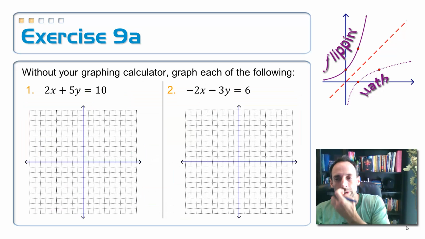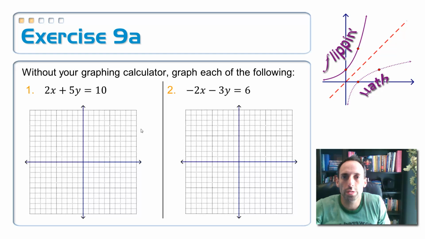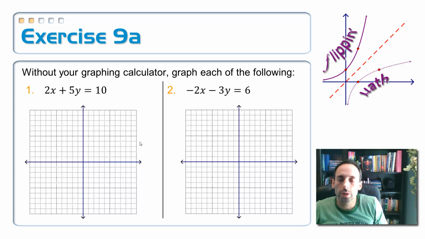On number 1, I have 2x + 5y = 10. So let's go ahead and find our x and our y-intercept, plot those 2 points, and then graph our line. In order to find the x-intercept, all I need to do is plug in 0 for y, and I'd have 2x = 10, so x = 5.